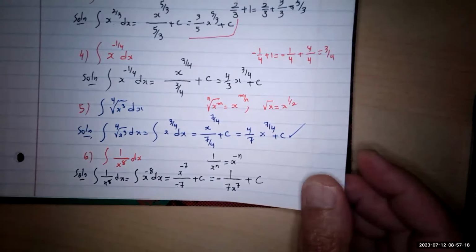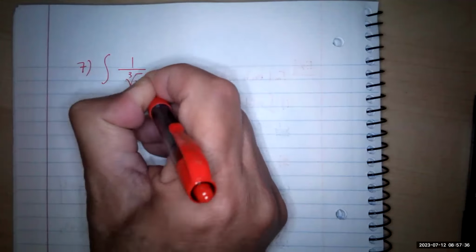This next one is the most general one that you can have with these single terms. So what is number 7? Number 7 is this one, integral of 1 over cube root of x squared dx. That's the one that some people miss. Any suggestion for this one?